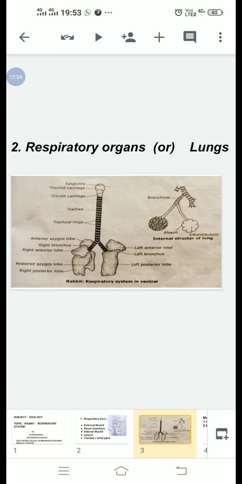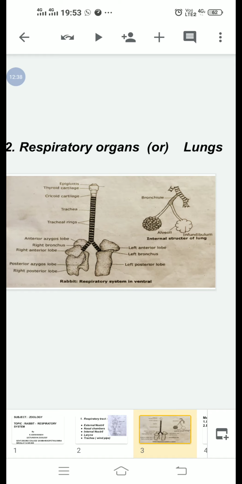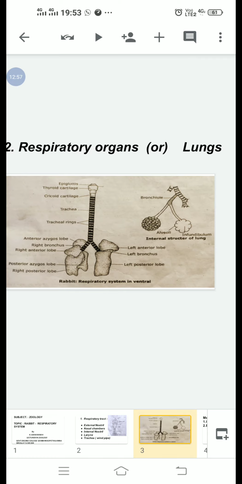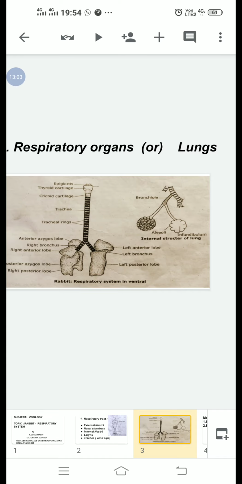The inner membrane is called visceral pleura. A narrow space lies between the two pleura. It is called pleural cavity. It is filled with pleural fluid. This fluid acts as a lubricant.